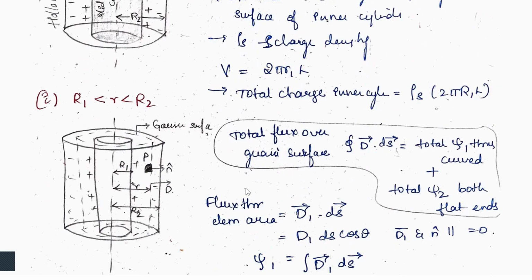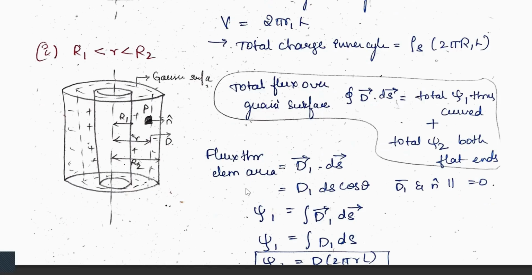The surface integral of D vector dot dS vector is equal to total psi1 through the curved surface plus total psi2 of both the flat ends. Here D vector and n cap are parallel for the curved surface, while for the flat ends the dot product is 0. We get D1 vector dot dS vector is equal to D1 dS cos theta.